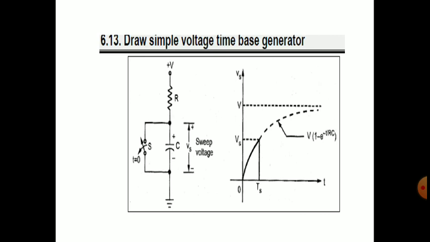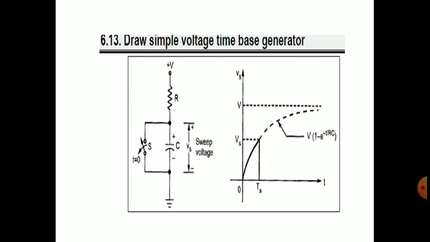Because of the constant DC source, we get constant current, and a switch across this capacitor, which opens at t equal to 0, because of the arrow mark. You can see it opens at t equal to 0.